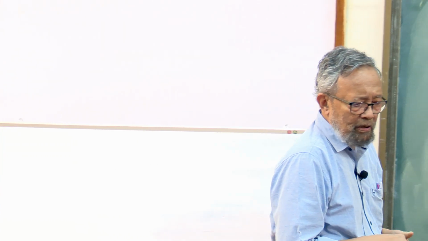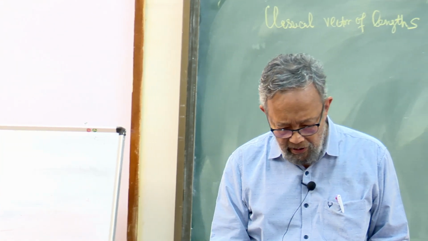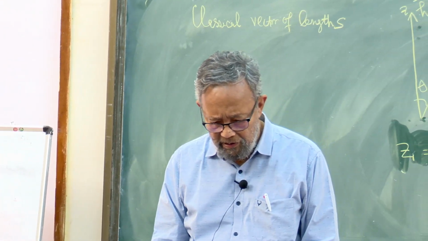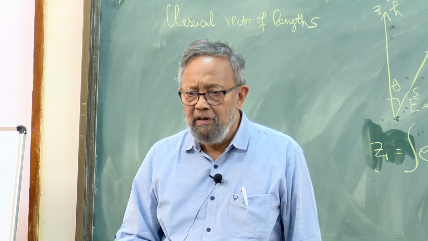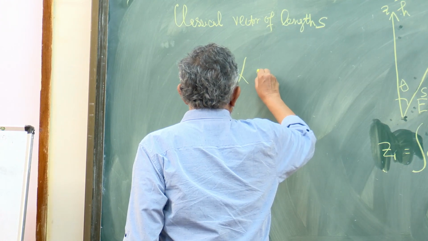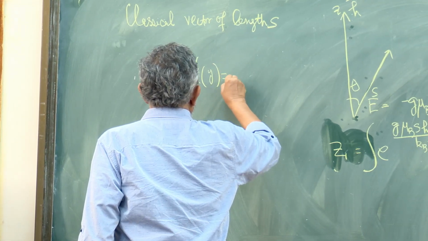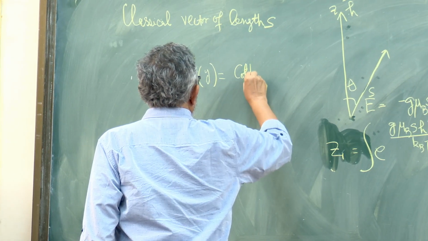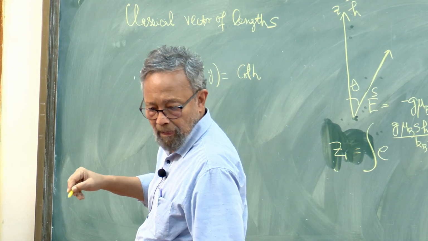And the Langevin function I have written down. This is a hyperbolic cotangent, L of y, the Langevin function of some variable y, involving the hyperbolic cotangent of y.